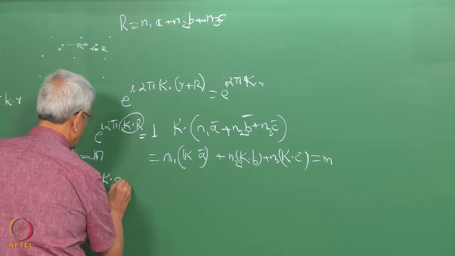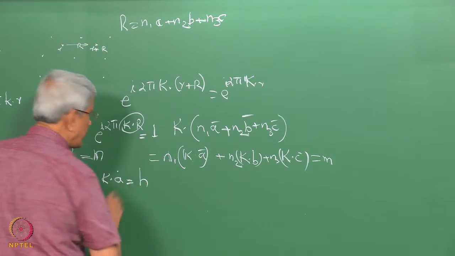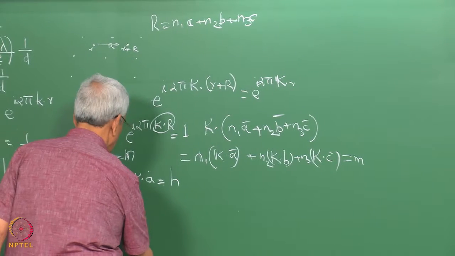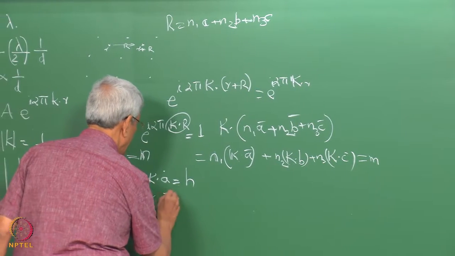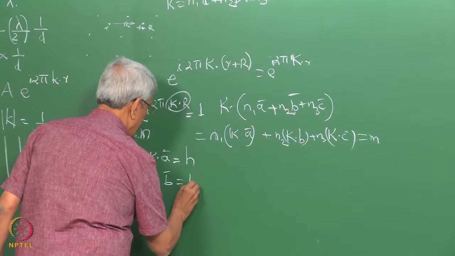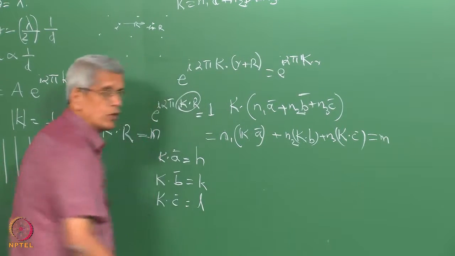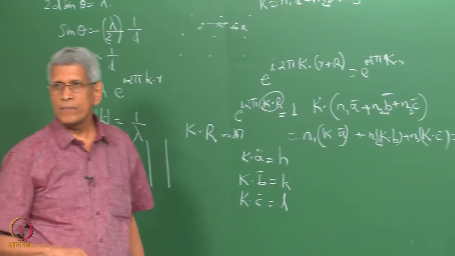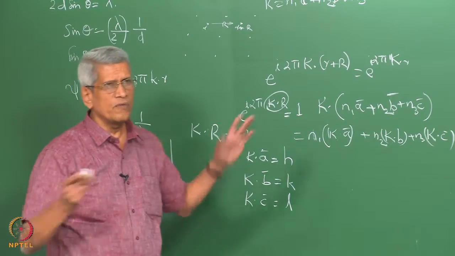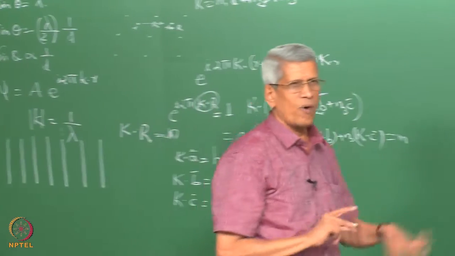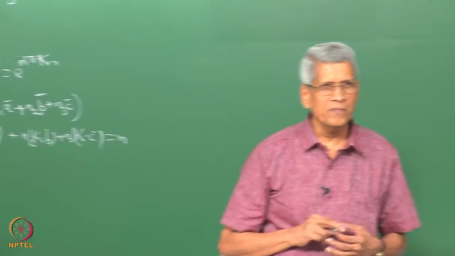So k dot A, I just write as an integer h, k dot B as k, and k dot C is equal to L. This way we can write some integers, we do not know what the values are.